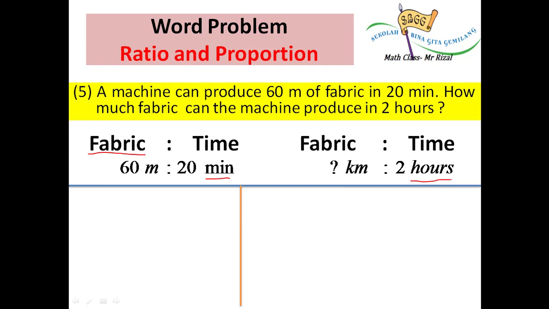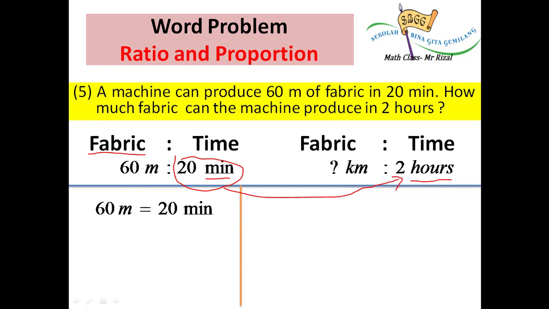We must do the steps like we have done in number 1 until number 4. What must be done? Yeah, still rewrite what is known. So 60 meters equal to 20 minutes. What changed? Come on, tell me. The change is 20 minutes changes into 2 hours.